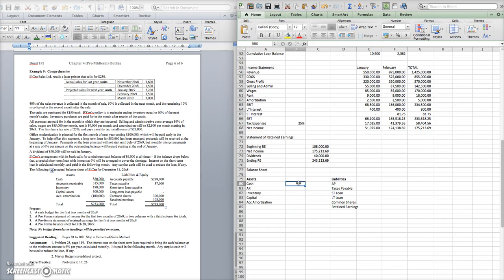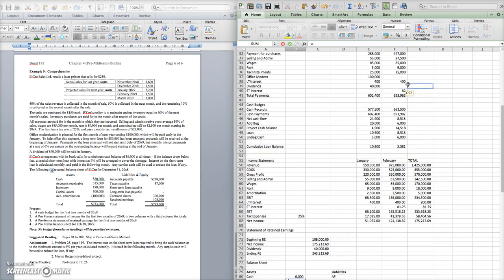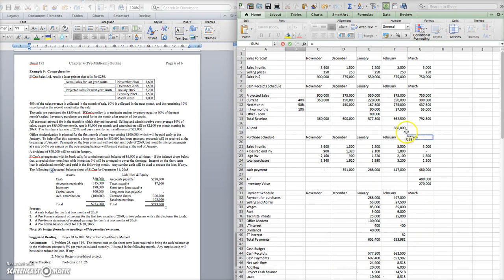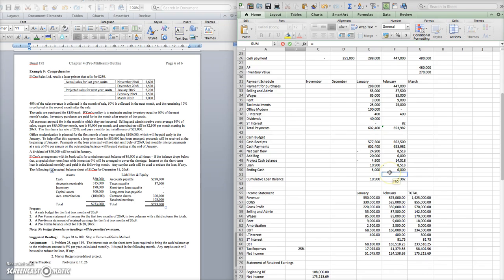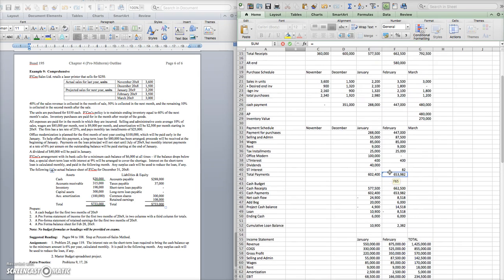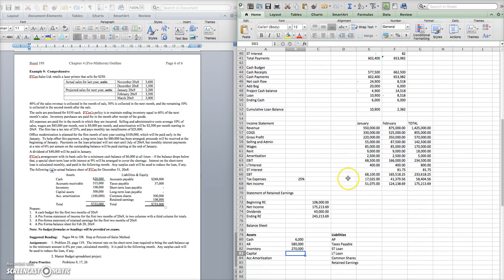Now let's figure out our cash. So we are going to look to our cash figure right there. AR we already calculated, so let's go up and grab it. There it is. Next, our inventory balance. So this is going to be coming from our purchases schedule, right here, our inventory value.